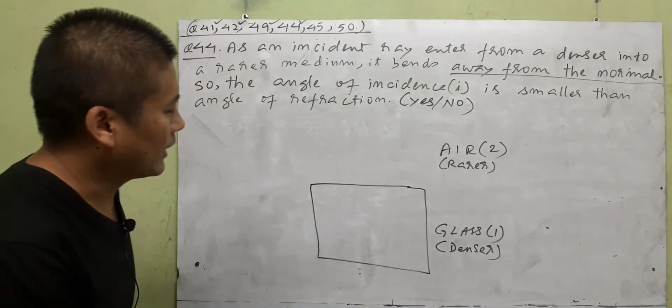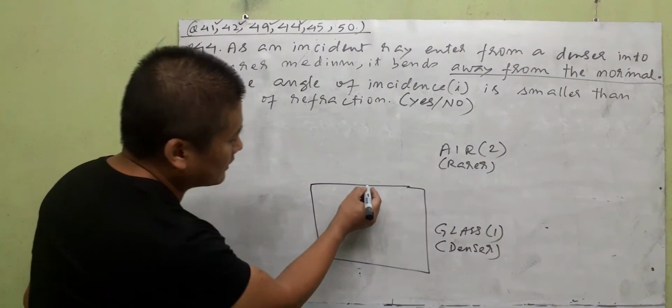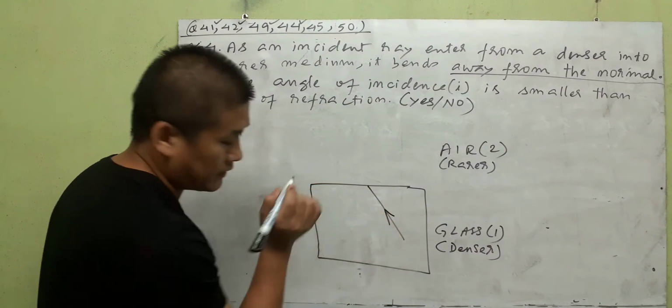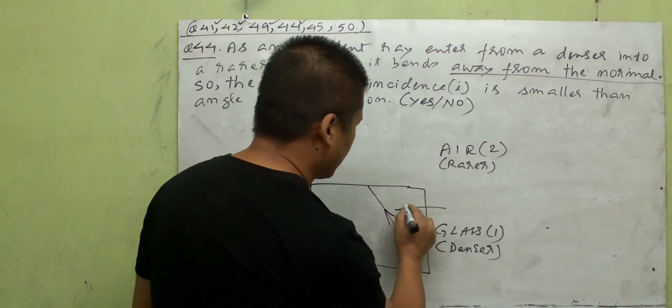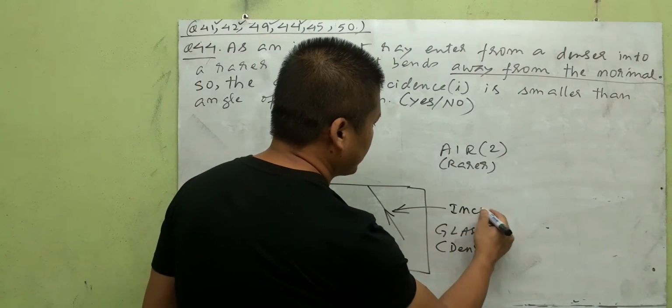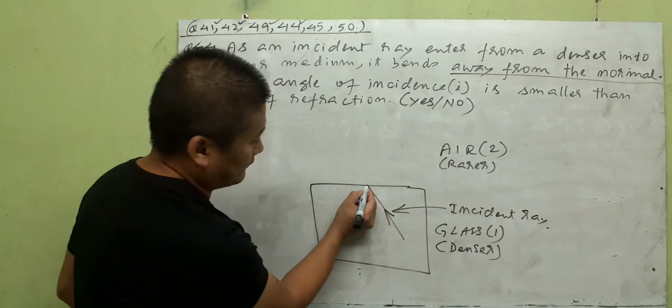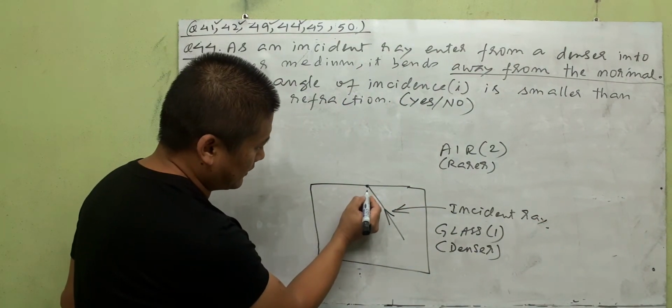So here you pass a light ray. Let us say you passed a light ray here. This is the first ray you're passing, which means this is the incident ray. So the incident ray is in the glass. Where it touches the interface is called the point of incidence.